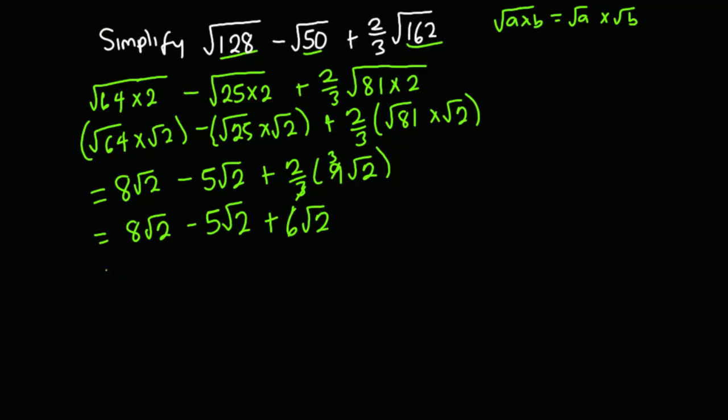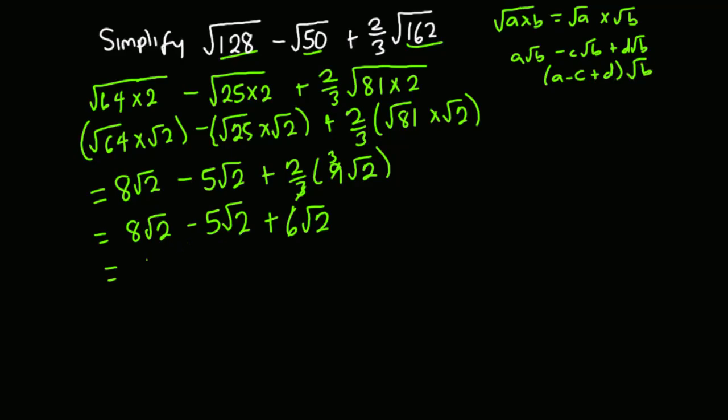So what I'm going to do is use one of the properties of surds, which says that if you have a root b minus c root b plus d root b, this is the same as a minus c plus d, then all root b.